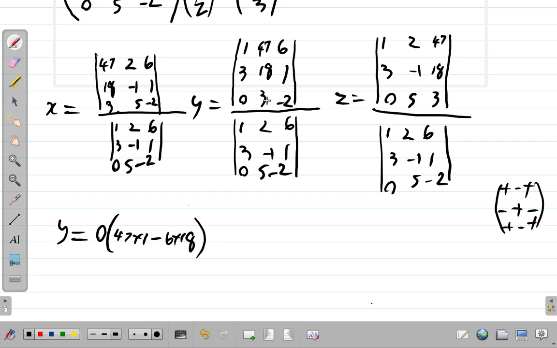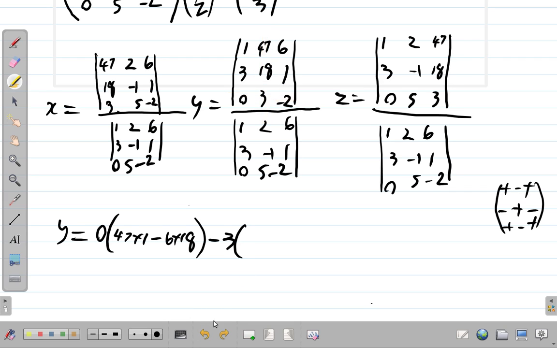Now this is accompanied with a plus, so it's a plus. Then we go to the 3 and we have a minus in row 3 column 2, so it's a minus 3 times. Then we cover, and the uncovered elements are 1, 6, 3, 1.